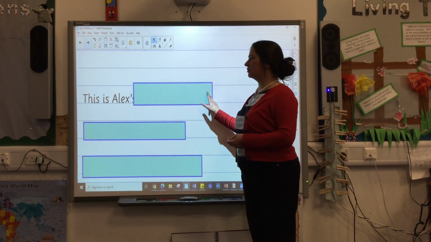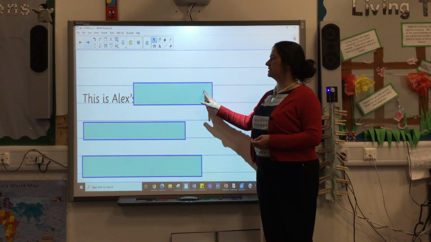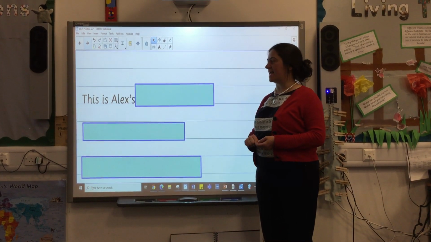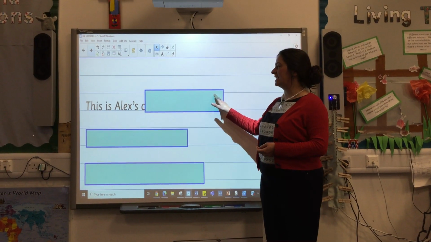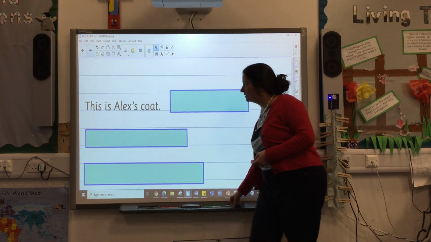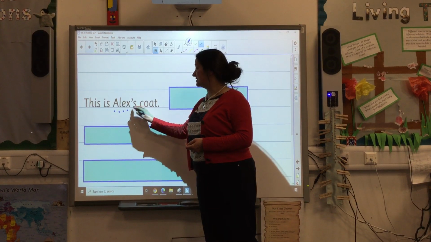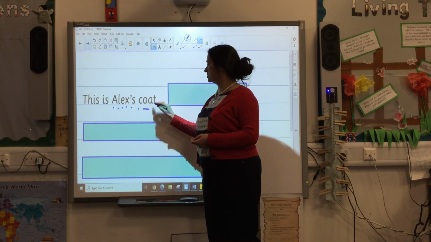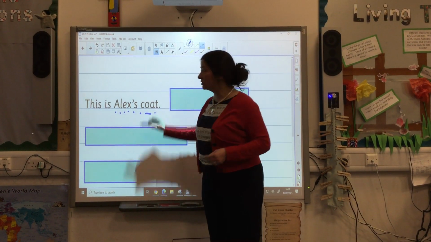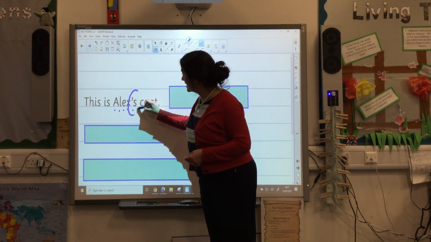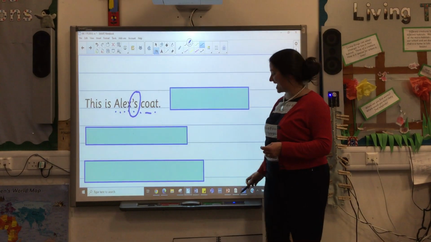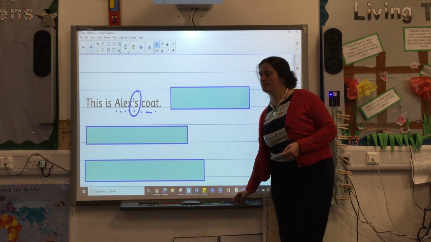Have you remembered your possessive apostrophe, and have you written S? This is Alex's coat. Here's the really important part that you need to make sure is right today. Your apostrophe S after the noun.